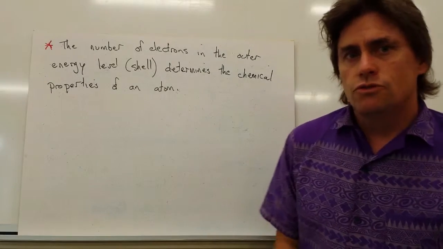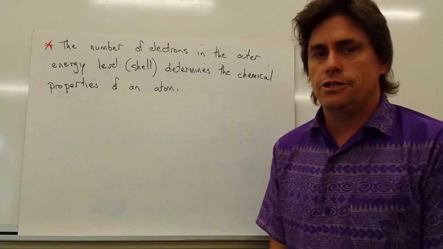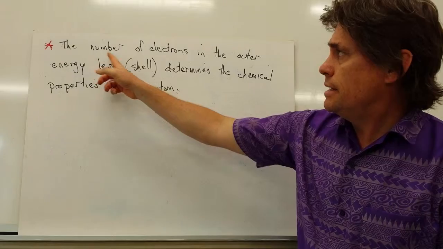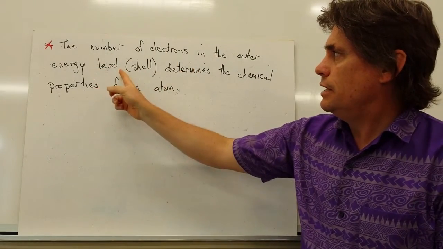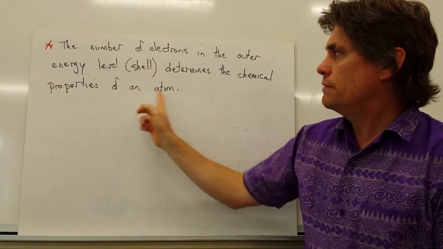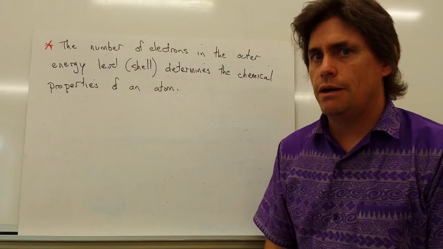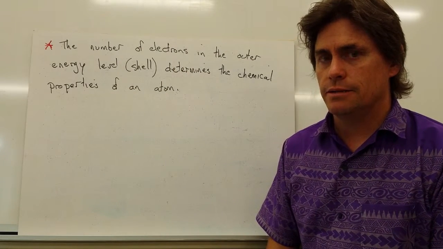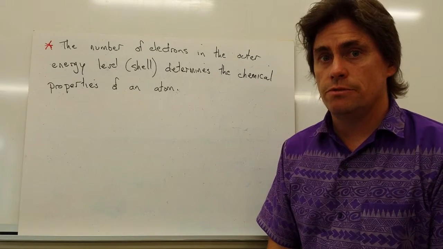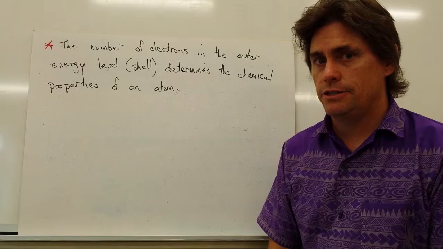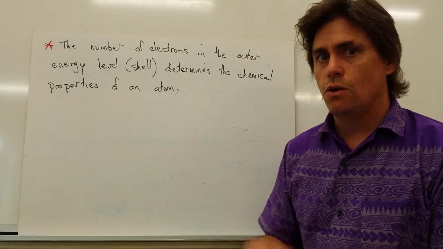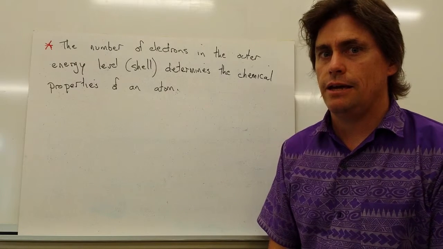So if we're to draw a conclusion about energy levels and their structure, we can say the number of electrons in the outer energy level, or what we call the shell, determines the chemical properties of an atom. And that's why our alkali metals all react in a similar way, because they have 1 electron in their outer shell. Our alkaline earth metals, similarly, our halogens in a similar way, and our noble gases, which are unreactive, all have the same number of electrons in their outer shell as well.